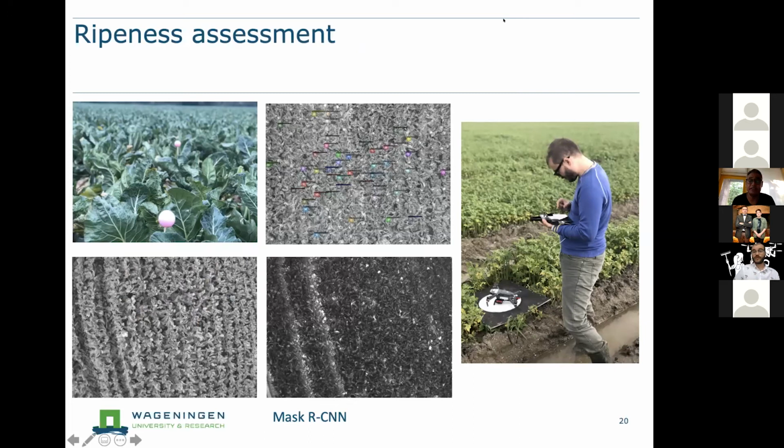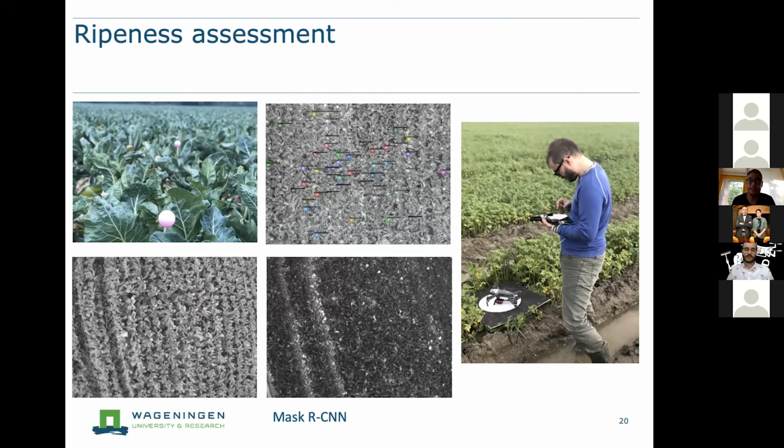This is another nice project working with an organic farmer, where the goal is to detect three classes of cauliflowers: overripe, ripe, and non-ripe. This is important to this organic farmer because he has a team of people.